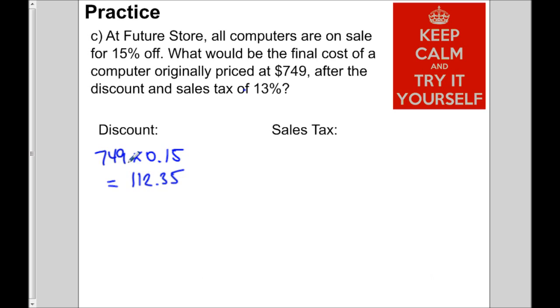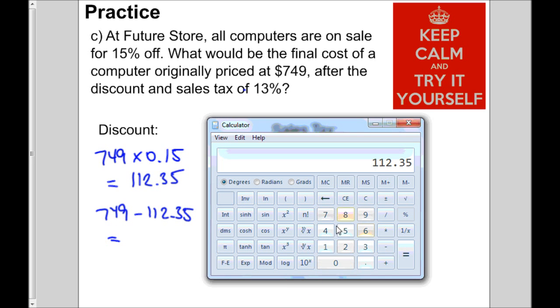So that's the discount. We have to subtract it from the price. When we subtract $112.35 from $749, you get $636.65.